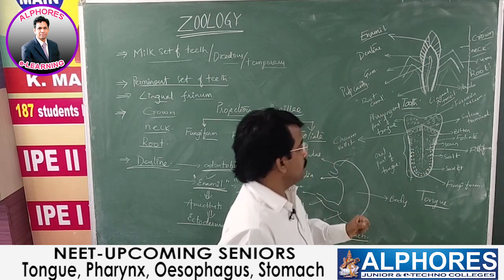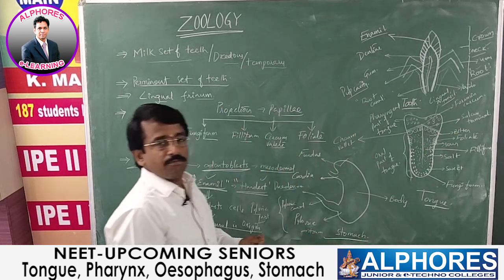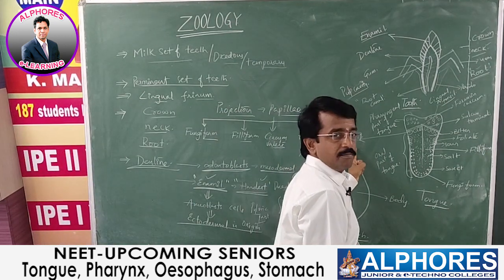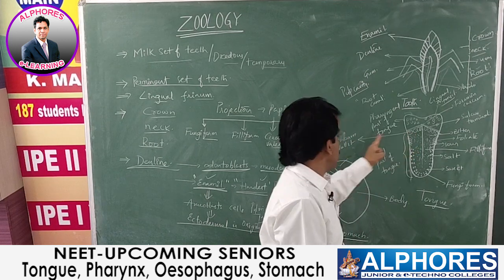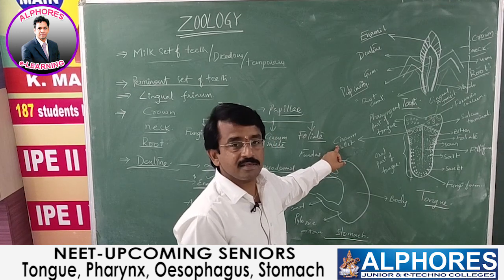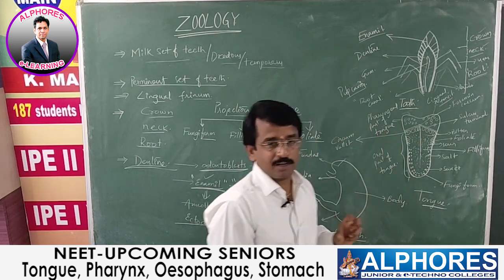The largest one is named the circumvallate. Circumvallate are present at the posterior base of the tongue. Diagrammatically, we can see that they are larger.